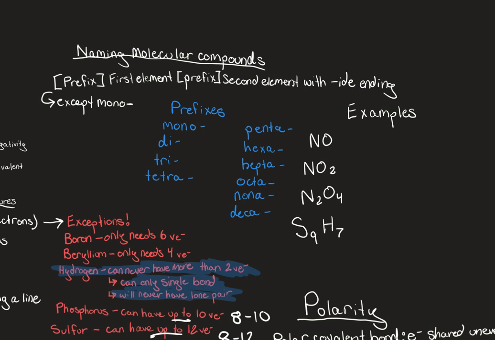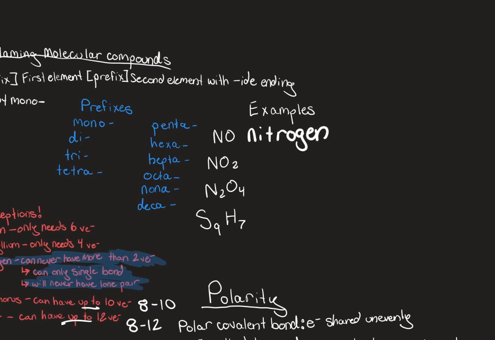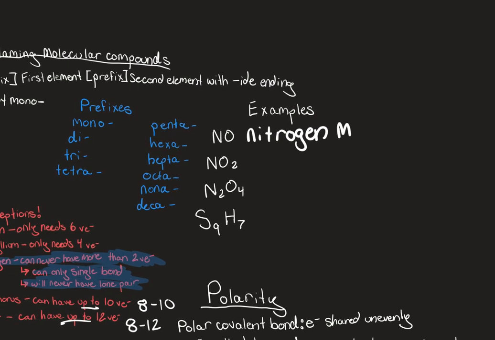So one nitrogen atom is going to be nitrogen. And then I have one oxygen atom. So that is going to have a prefix of mono. And then I drop my ending of oxygen and add IDE. So NO is nitrogen monoxide.